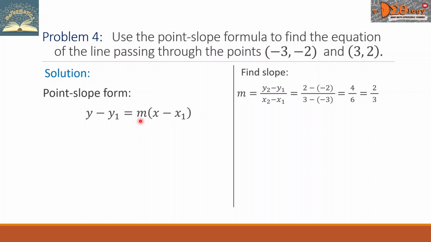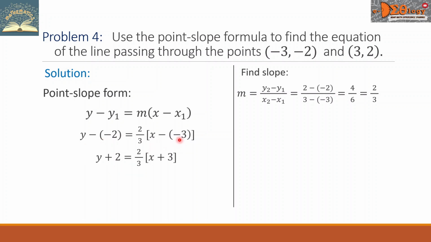We can now substitute in the point-slope form. For the point, we consider the first point here to be x sub 1 and y sub 1. So it becomes like this. y minus -2 equals the 2 over 3, that is the slope, times x minus -3. We simplify this negative by negative, becomes positive 2.